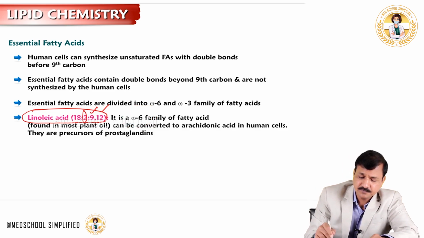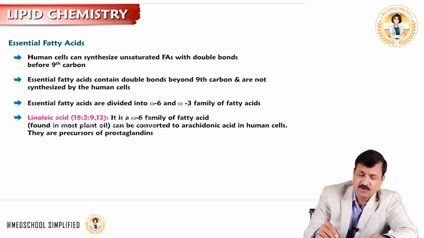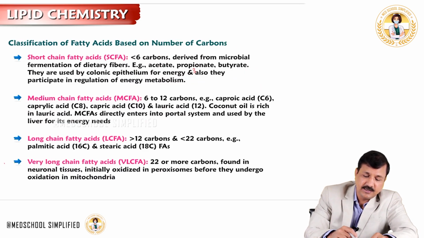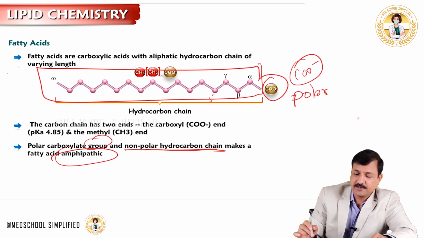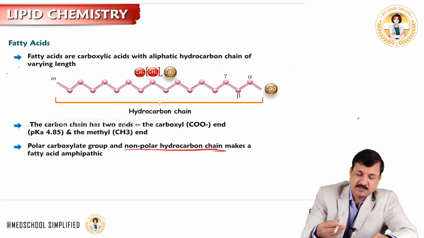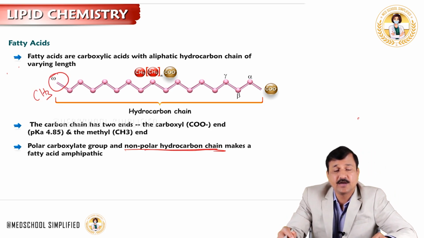Always remember, omega-6, omega-3, all that we can understand from looking at where exactly the double bond is present in that particular fatty acid. Let me show you that using this figure here. If you look at the figure, there is an omega carbon. The CH3 carbon is the omega carbon, right?